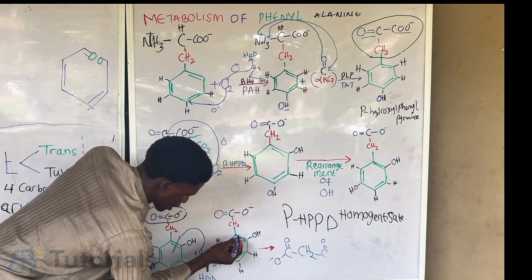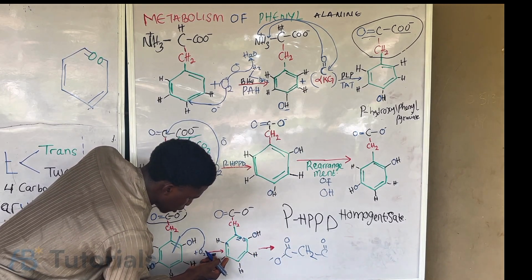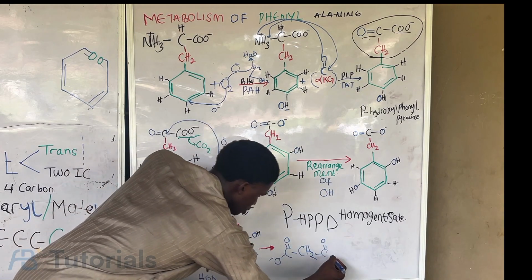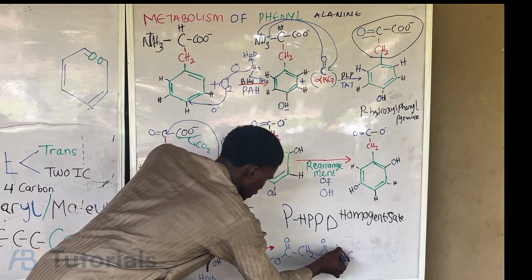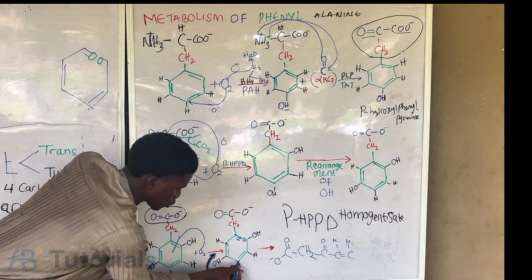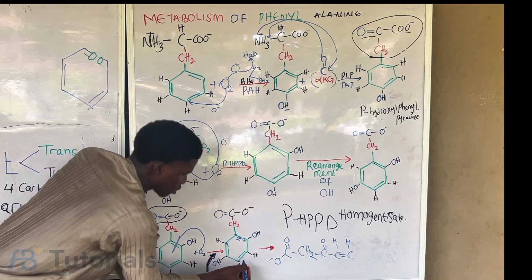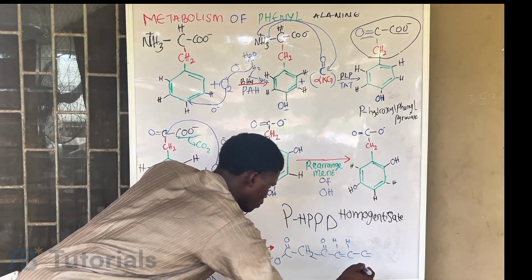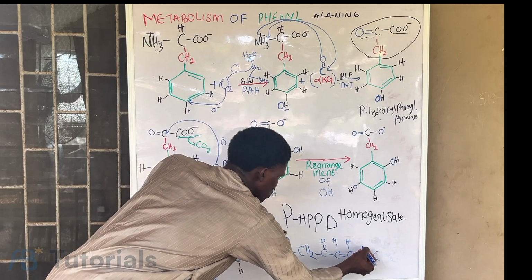We are not going to go here, so we are coming this way. We have another carbon, double bond, carbon. Both of them have hydrogen. The next thing is this carbon, double bond, carbon, and hydrogen. Carbon, double bond, carbon. Hydrogen.